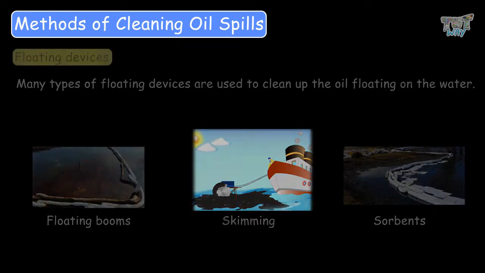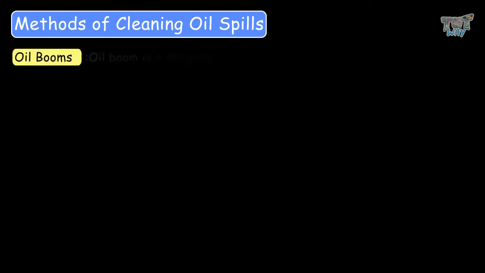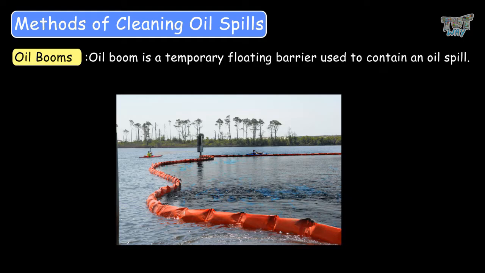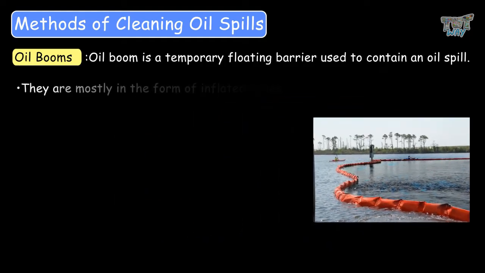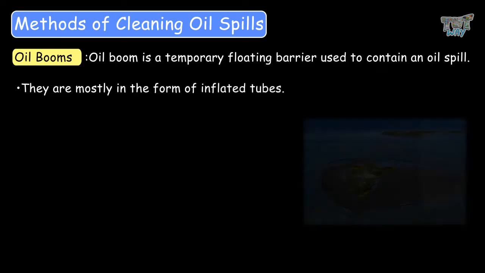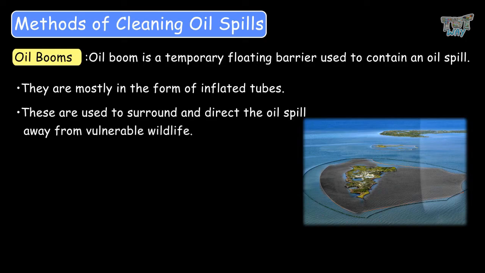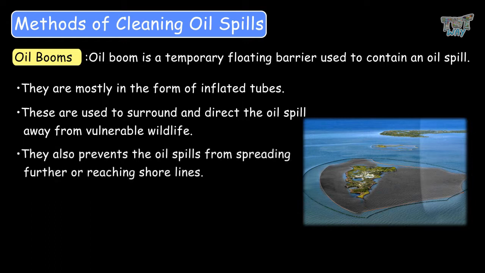Let's first learn about oil booms, which are temporary floating barriers to contain the oil spill. They are mostly used in the form of inflated tubes. They are used to surround the oil and direct the oil spill away from the vulnerable wildlife. And also, they prevent the oil spill from spreading further or reaching the shorelines.